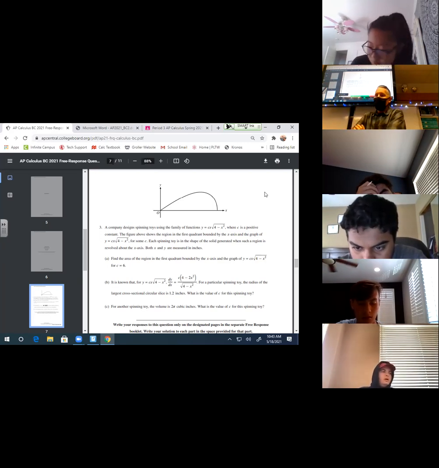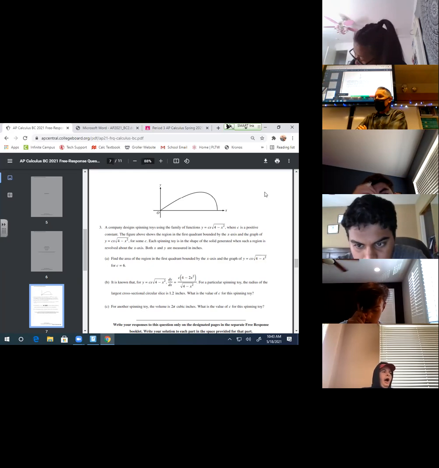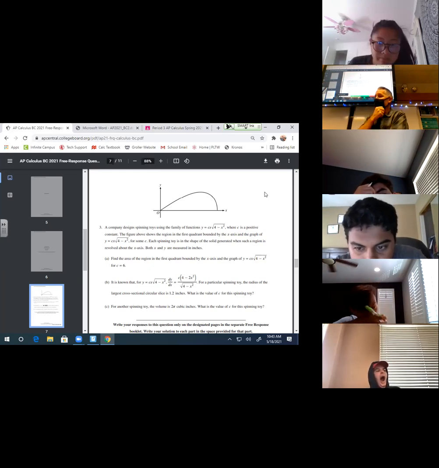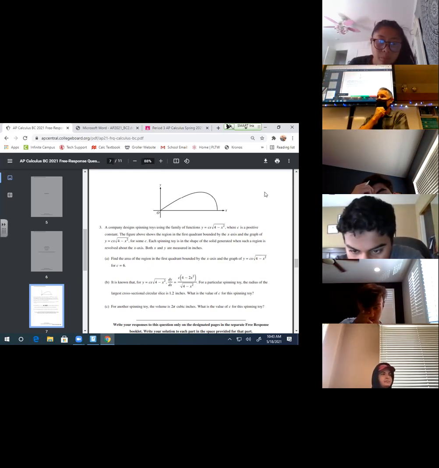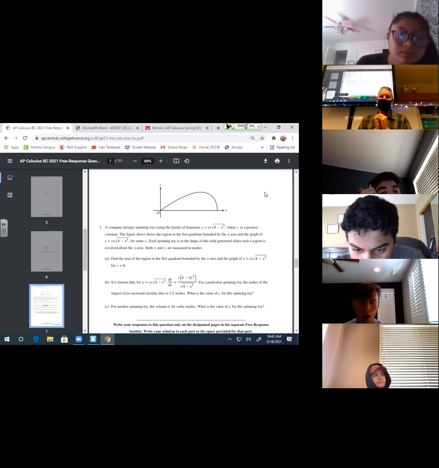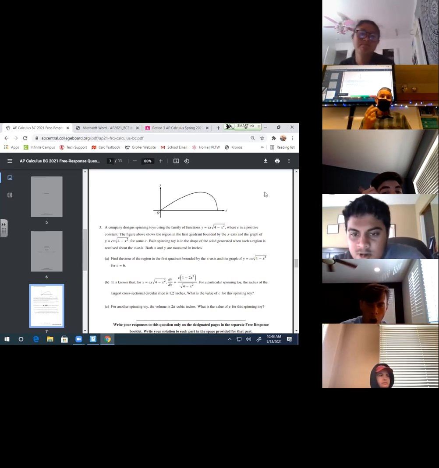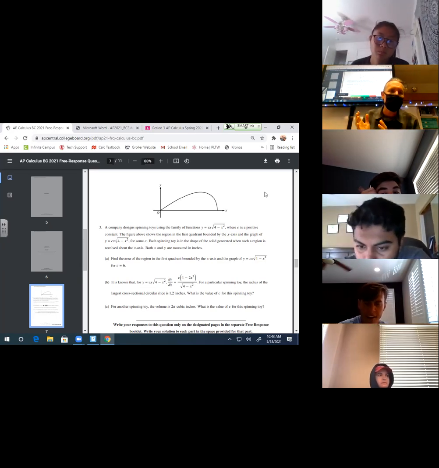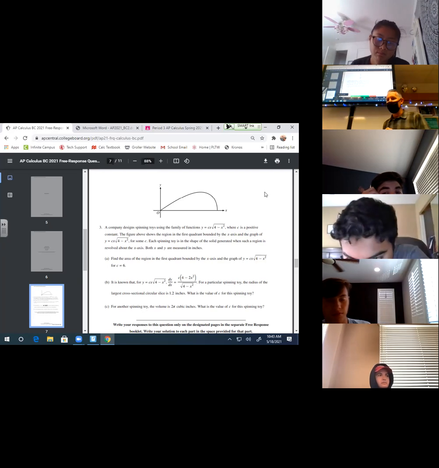So that's going to be when y is equal to 0, so at x equals 0 or x equals what? 2, right? Because inside that square root is 4 minus x squared, which would give you 2 or negative 2, but it's in the first quadrant, they said, right? So that's going to be x equals 2.